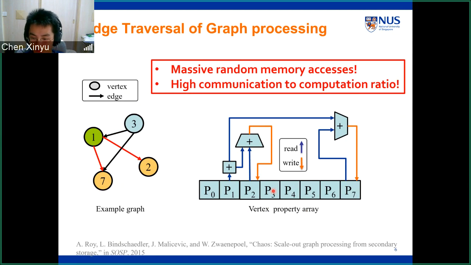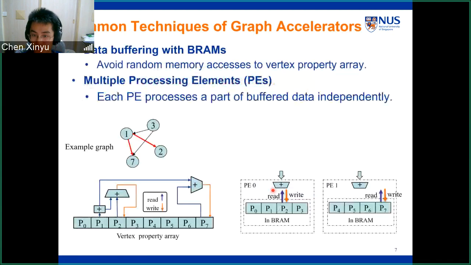Given these characteristics of graph processing, there are some common techniques in graph processing accelerators. The first one is data buffering with BRAMs, because as mentioned before, the access to the vertex property array is random.